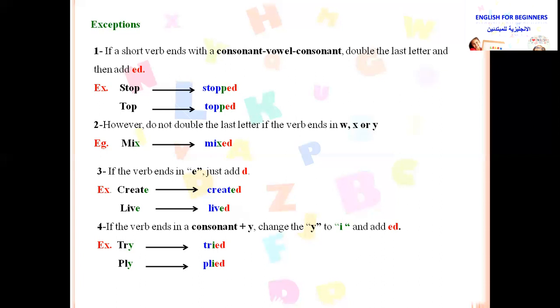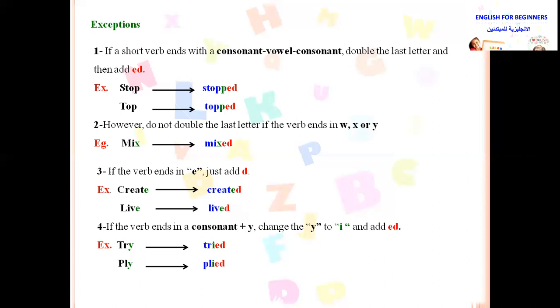For the fourth exception, if the verb ends in consonant plus y. Let's say the verb ends with the letter y preceded by a consonant. Here we change the y to i and add ed.